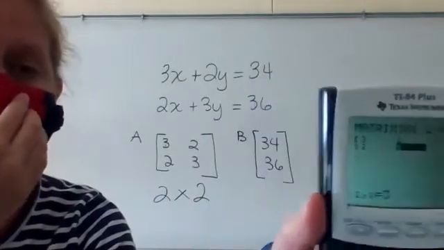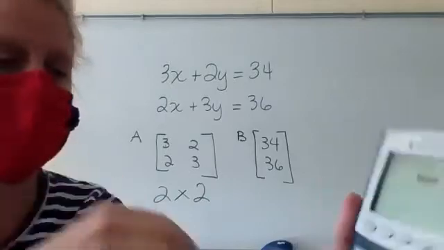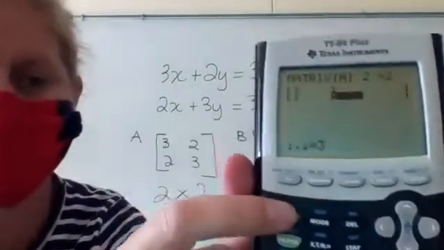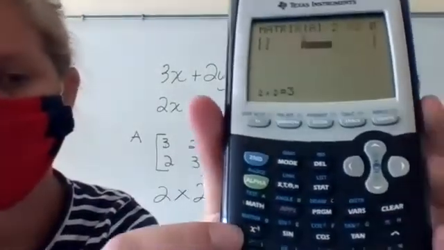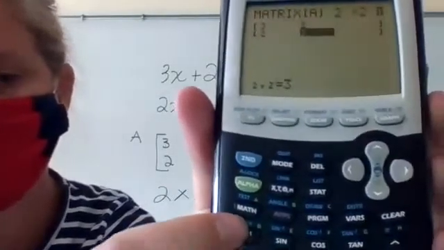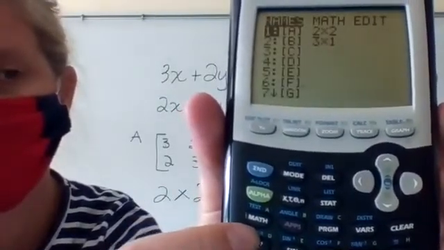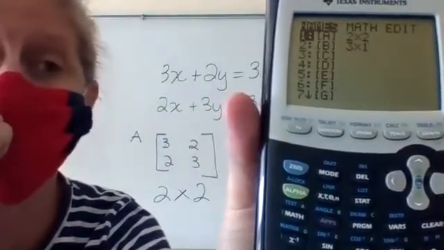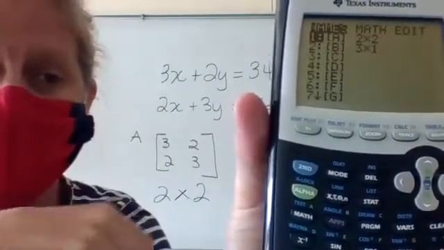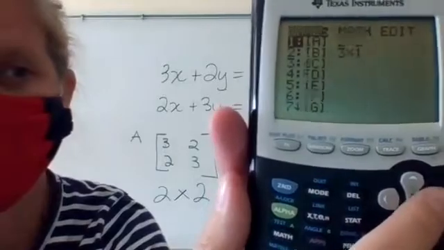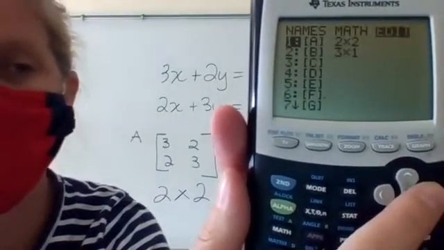So now I need to create the matrix B. So I'm going to go back to second, down to this matrix function. I still am creating a new matrix, so I'm going to go over to edit. Now, which one am I doing?